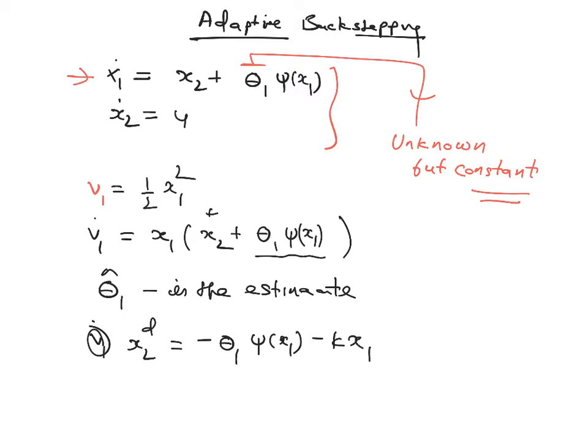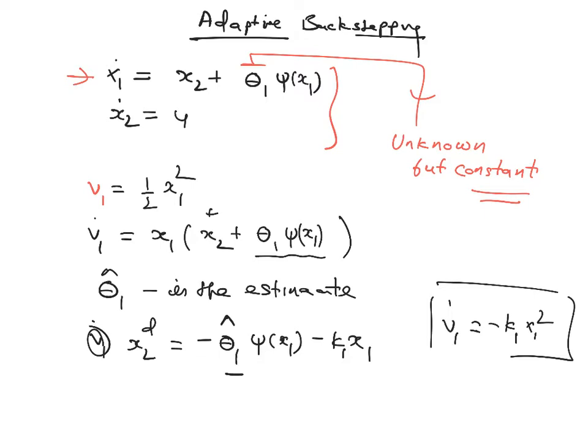That would give me V1 dot equals minus k1 x1 squared. But that's not the case. All I can hope for is theta 1 hat, and then try to make theta 1 hat go to theta, so that the error goes to 0.